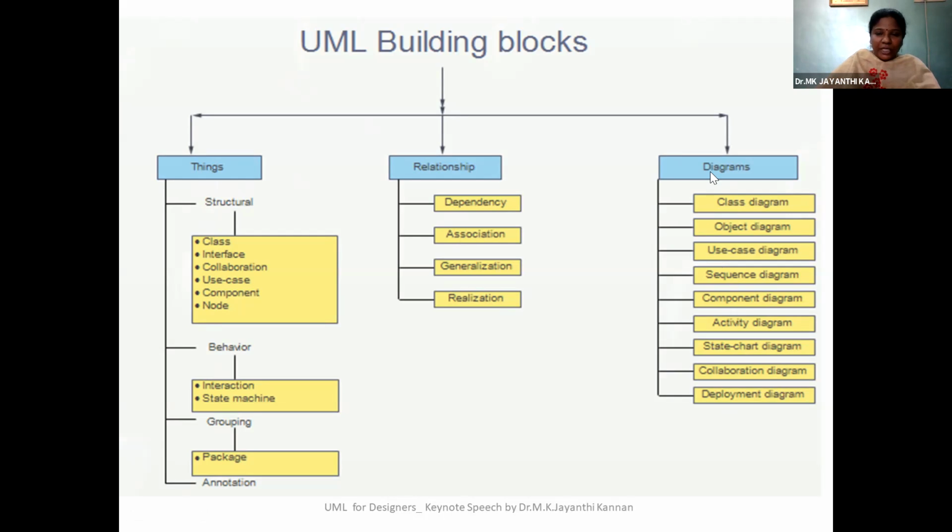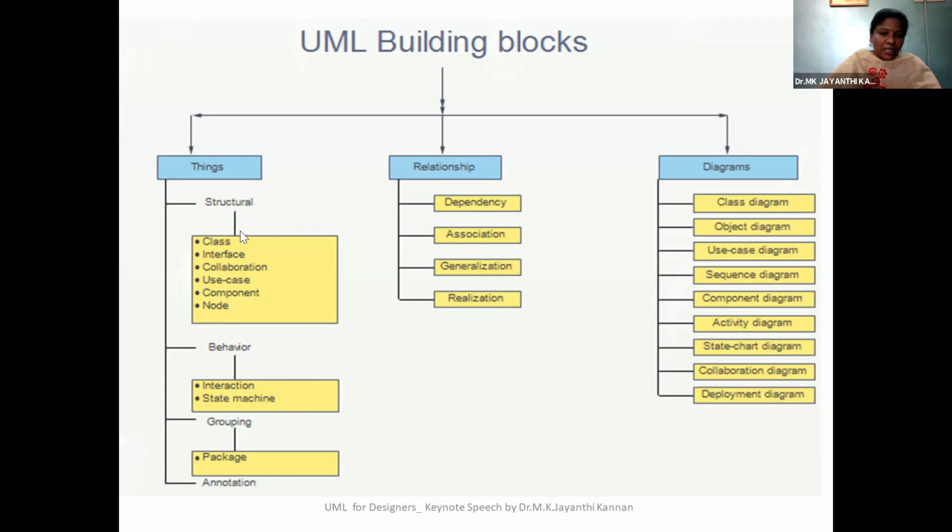The modified stereotypes and templates, the different versions, you can create with modified combinations. But the core concepts in UML focus mainly on 9 diagrams, 4 things and 4 relationships. The 4 things are structural things, behavioral things, grouping things and annotational things.